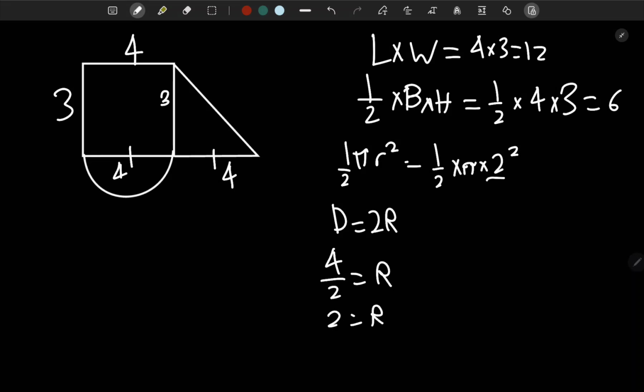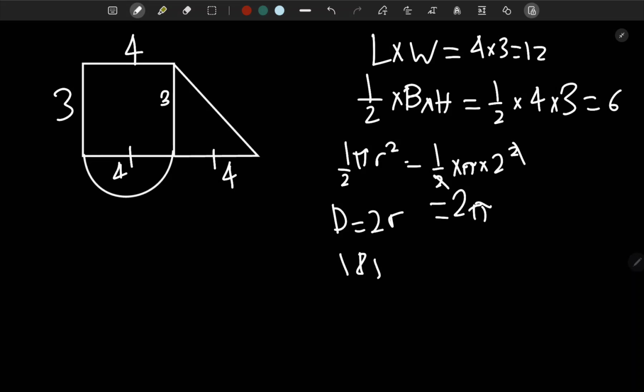That's why I put 2 over here. Now find the answer: it's going to cancel out, and it's going to be 2 pi. So adding the numbers up, it's going to be 18 plus 2 pi for the area.